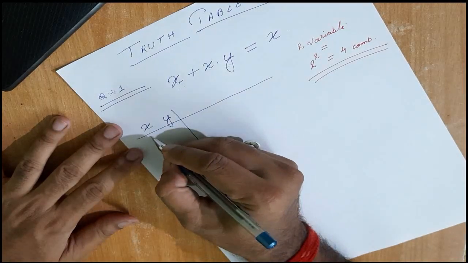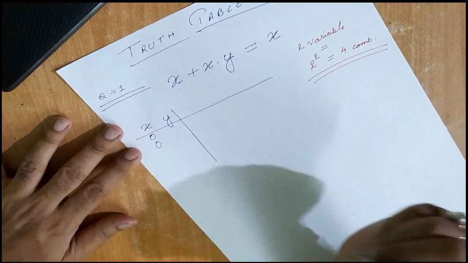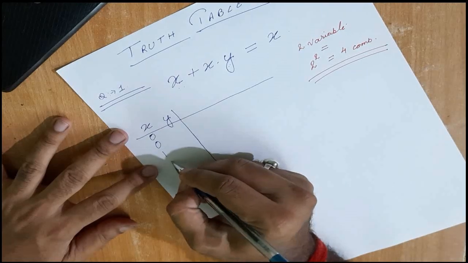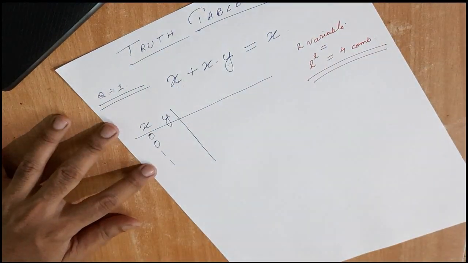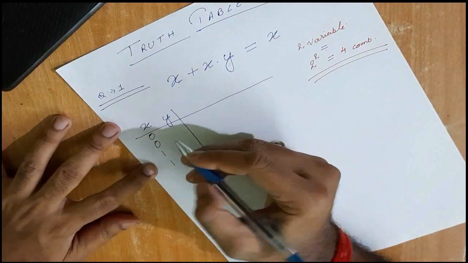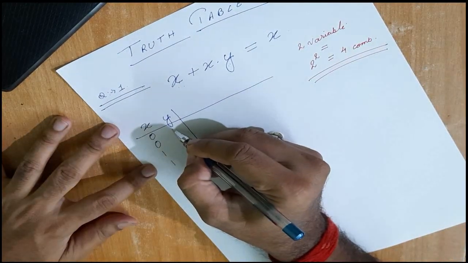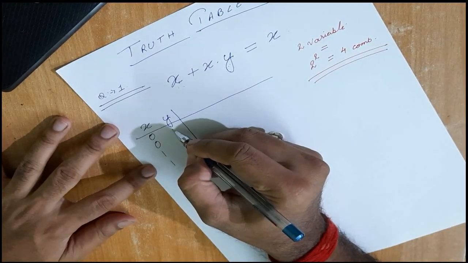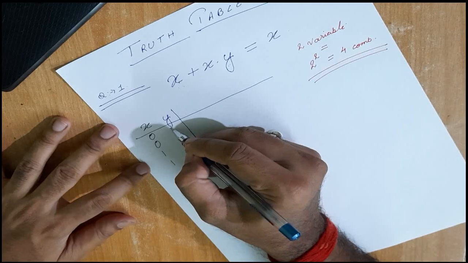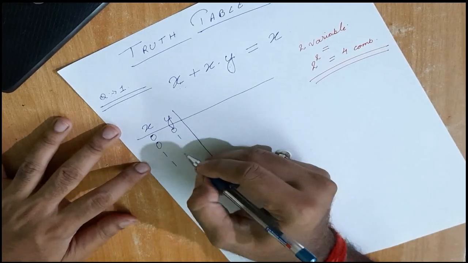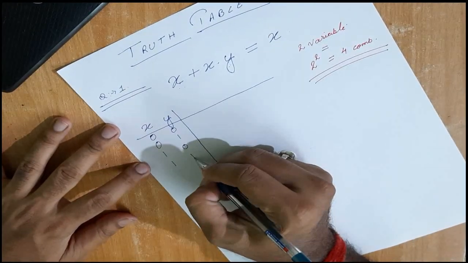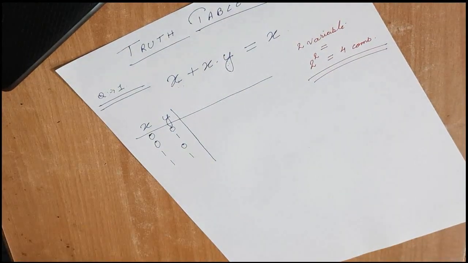That is 2 zeros, 2 ones. Second one, again it will be divided by 2. That is 1 0 and 1 1, 1 0 and 1 1. So this is how we will prepare the table.